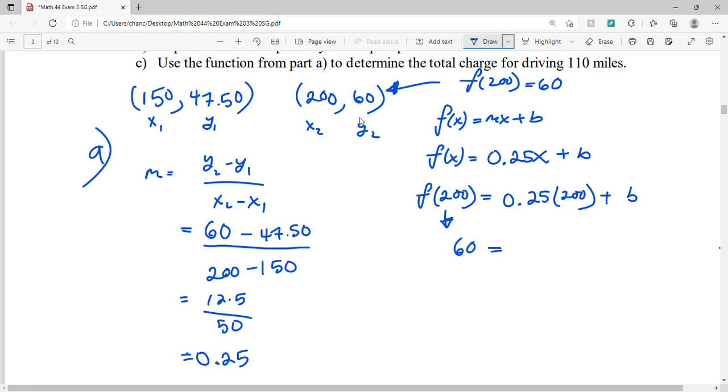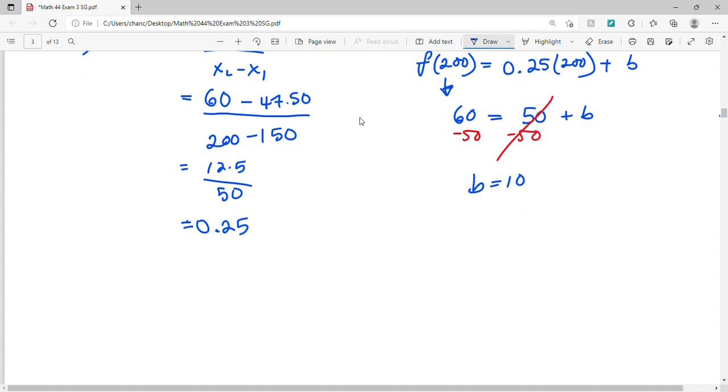So 60 equals 0.25 times 200, which is 50, plus b. And we can subtract 50 from both sides, and b equals 10. That means our equation, let's piece it together, is f of x equals 0.25x plus 10.